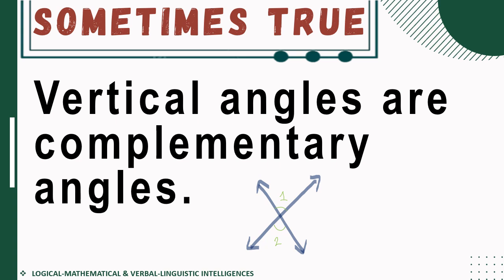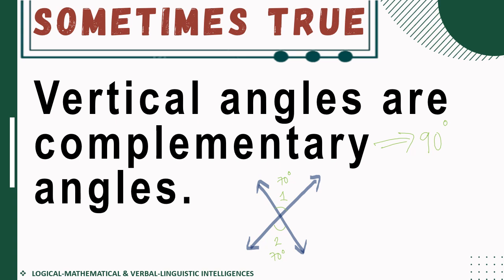These two angles are vertical angles. Let's say the measure of angle 1 is 70 degrees, so this is also 70 degrees. If we sum this up, this is 140 degrees. Definitely, they are not complementary. By definition, complementary means the sum of the pair of angles should be 90 degrees. In this case, this is 140.